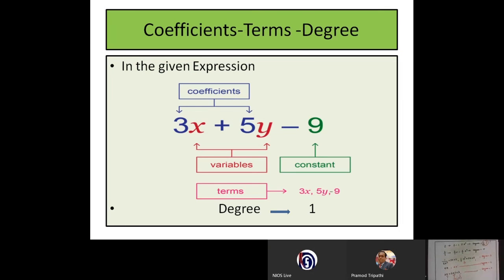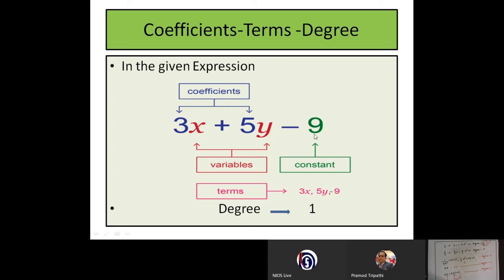Now we compile coefficient, terms and degree. An example I have taken here is 3x plus 5y minus 9. The letters written in red are the variables. The blue numbers 3 and 5 are known as the coefficients, and the green one, 9, is a constant.